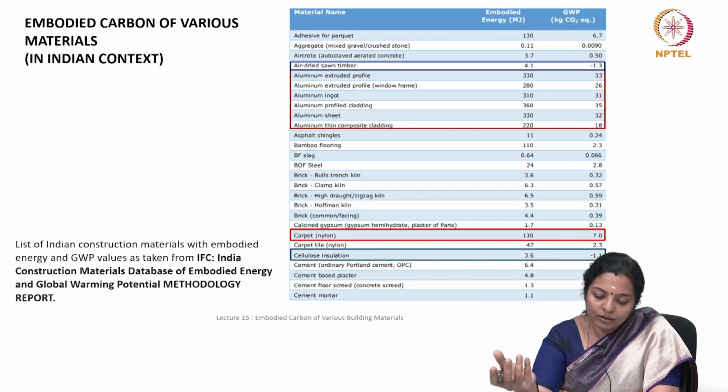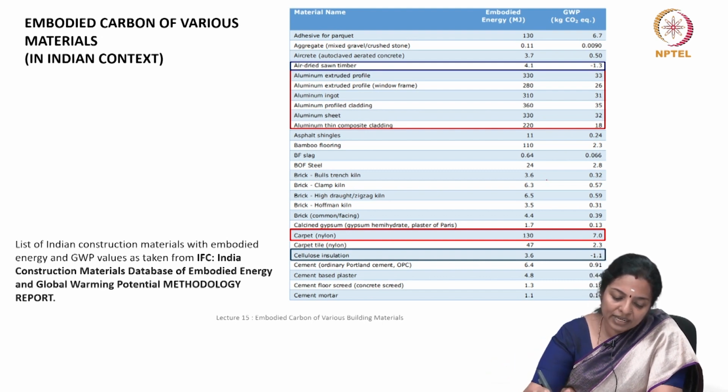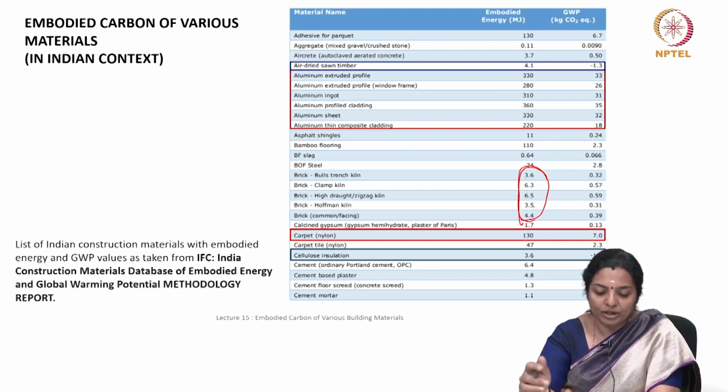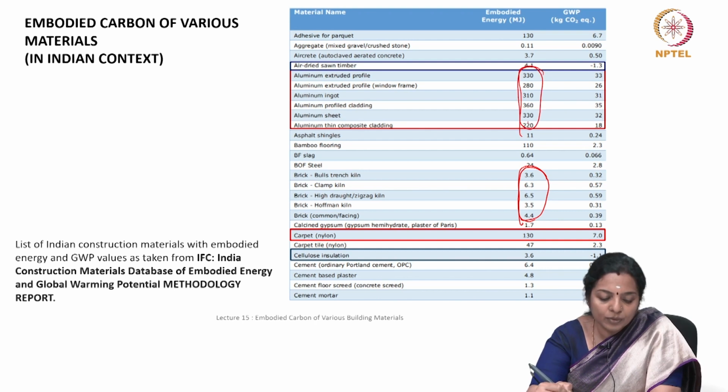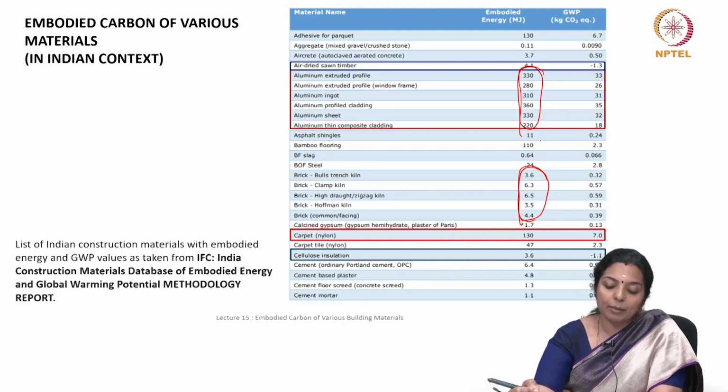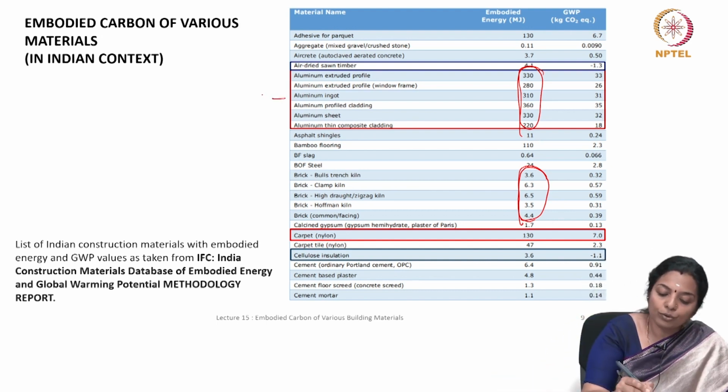Even here if we look at brick, the way brick is manufactured, the global warming potential as well as the embodied energy changes, and we see that all these aluminum based materials, which are aluminum extruded profile, aluminum ingot, aluminum cladding or aluminum sheet, have extremely high embodied energy, to the tune of about 300 megajoules.